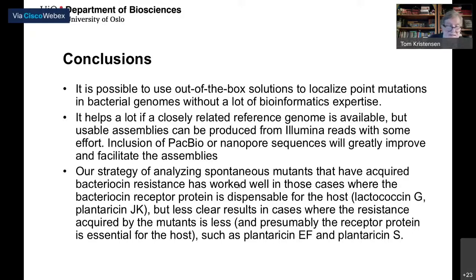Bacteriocins are interesting for many reasons, and one reason is that it's kind of counterintuitive to use a peptide to destroy a protein that the owner of the protein actually can do without.